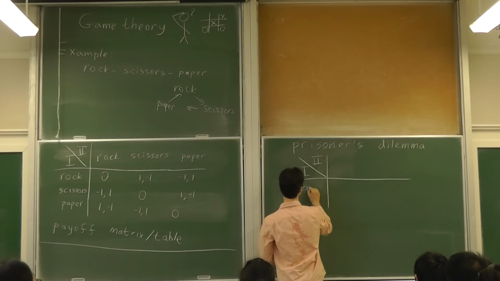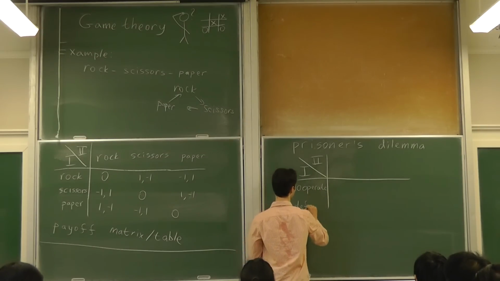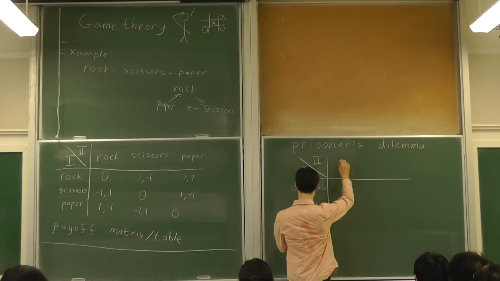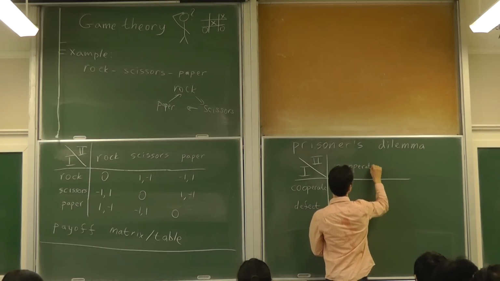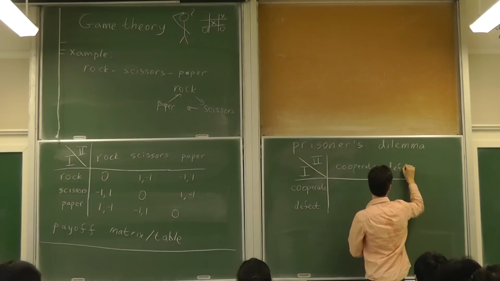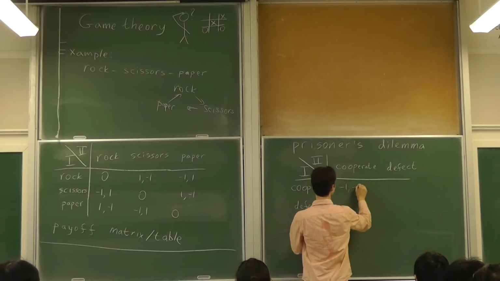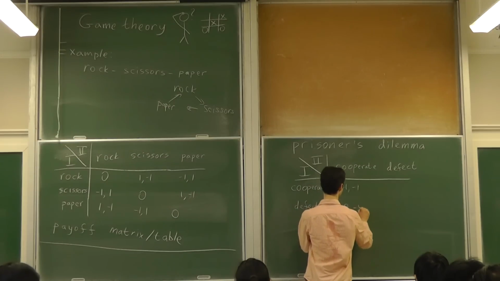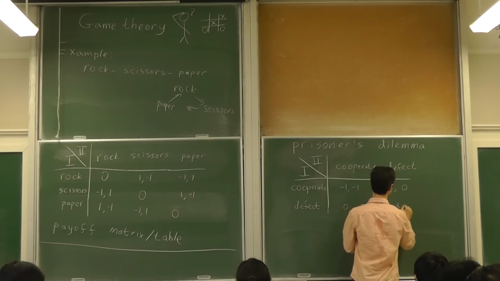So there are two strategies called cooperate or defect, and cooperate or defect for the second player as well. And the payoff is -1, -1, 0, -5, -5, 0, -3, -3.